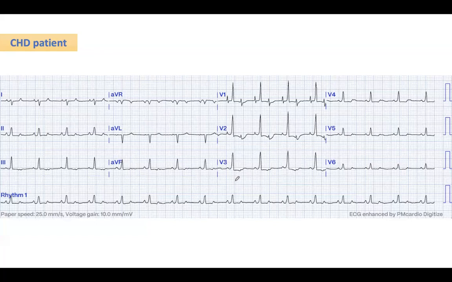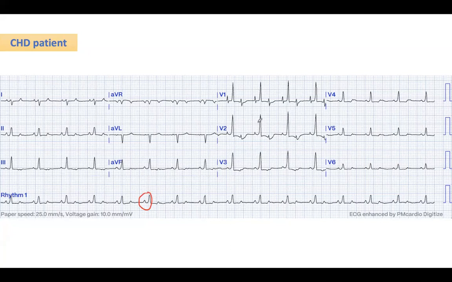Excellent. Okay, next. So another congenital heart disease patient with bradycardia for age. So I'm wondering, why is he bradycardic? What do you guys think? Maybe this is similar? Yeah, almost the same PR interval, and the PP interval looks relatively similar.